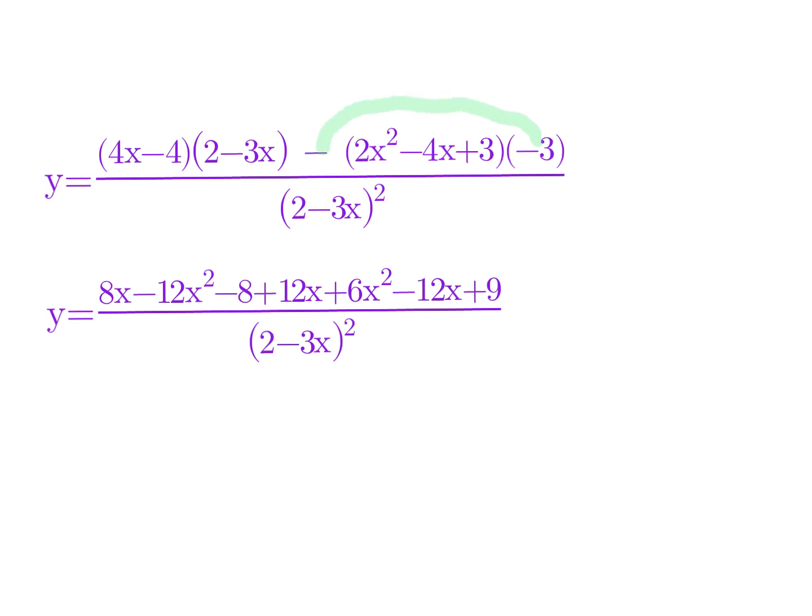So essentially what I did is I distributed a +3. Okay, so that's where the 6x squared minus 12x plus 9 comes from. I just took this and distributed a -3. And in this case, I foiled it all the way out. I didn't skip any steps.